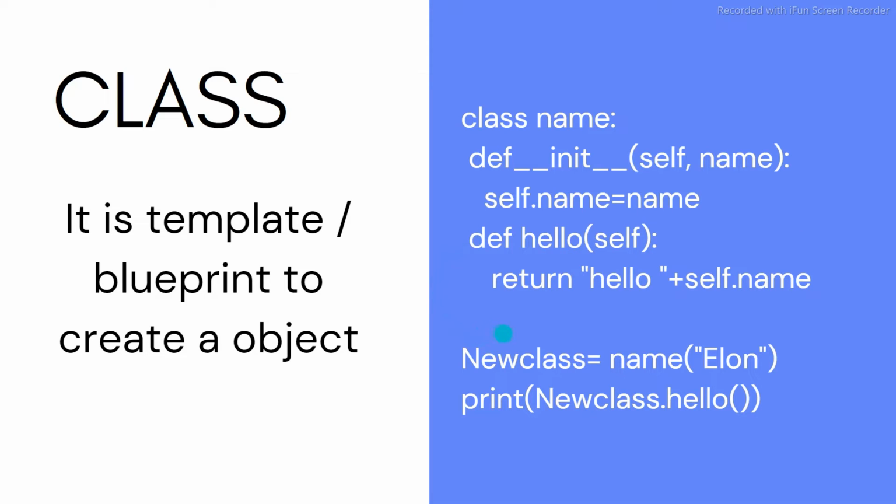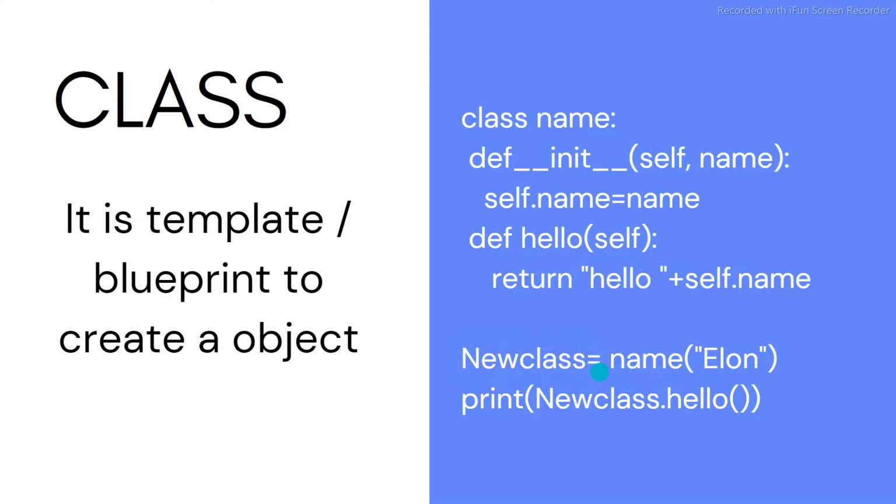And here I have taken an example. Here I want to create a person's name, and I want to say hello, and we are going to pass a string value here, because whenever we take the example of a name, it is a string. Here we are going to take a variable new class.